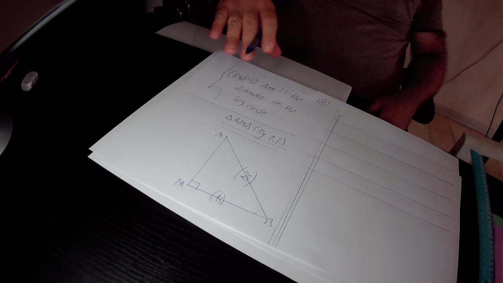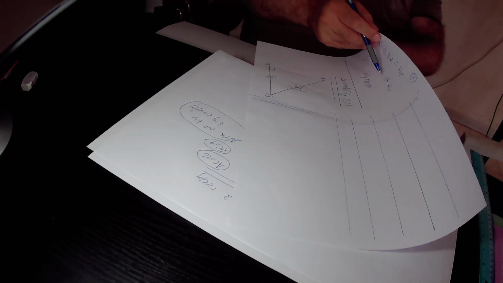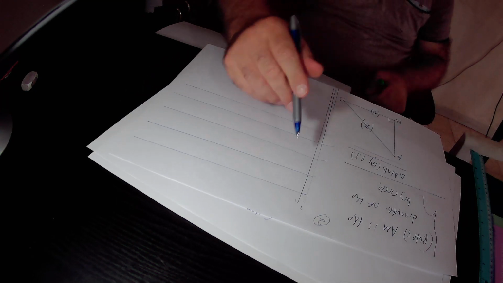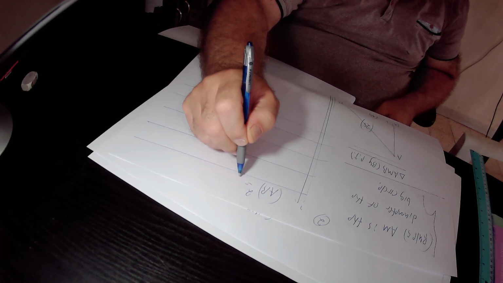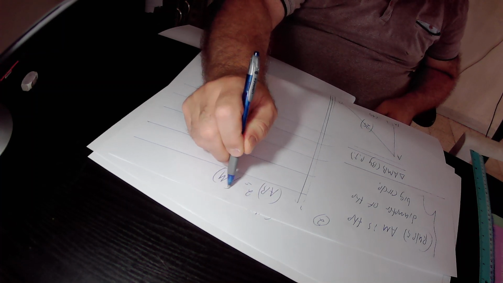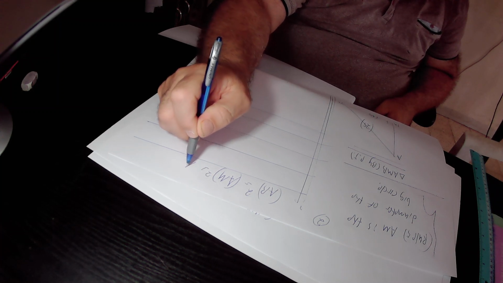So I'll write it down. AB squared, that is the square of the hypotenuse, is equal to AM squared plus MB squared.